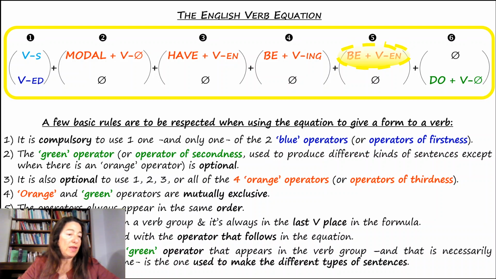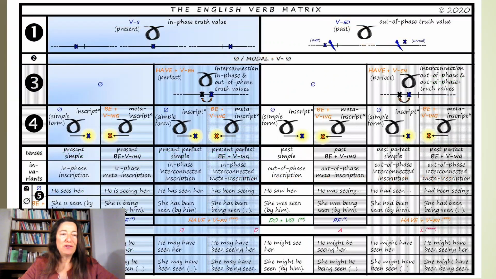And also they cannot be used without VS or VED, which are compulsory anytime we give a form to a verb.